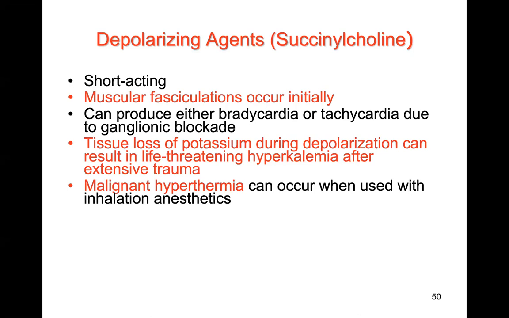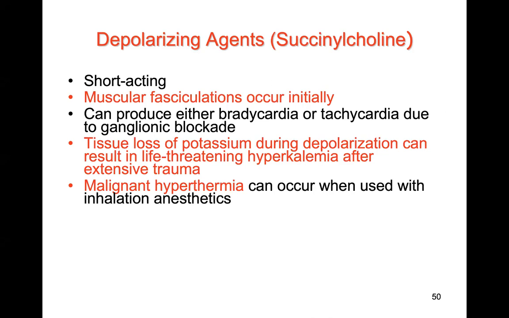We could get bradycardia if it was stimulating primarily the parasympathetic ganglia, and tachycardia if it was stimulating the sympathetic. But when it binds, it stimulates and can also block those, so depending on what actually happens, you can get a slight bradycardia or tachycardia.